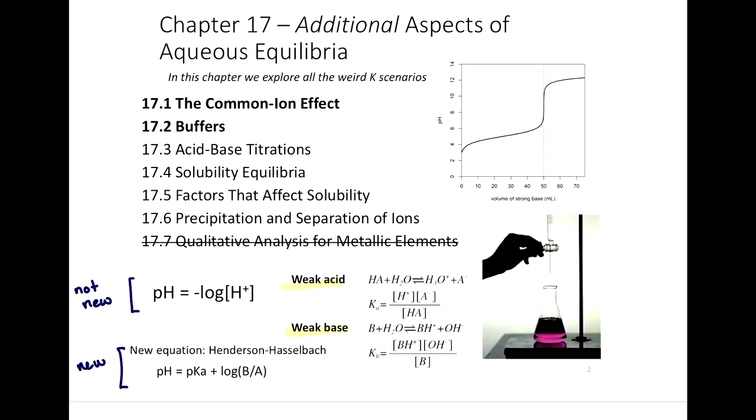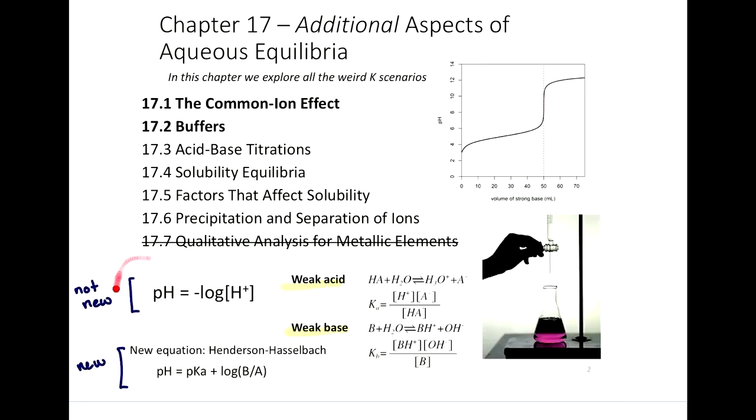So in chapter 16, we just looked at solutions that were only a weak acid. Like I asked you to calculate the pH of 0.1 molar acetic acid, or the pH of 0.1 molar ammonia. So only a weak acid or only a weak base was present in that solution.